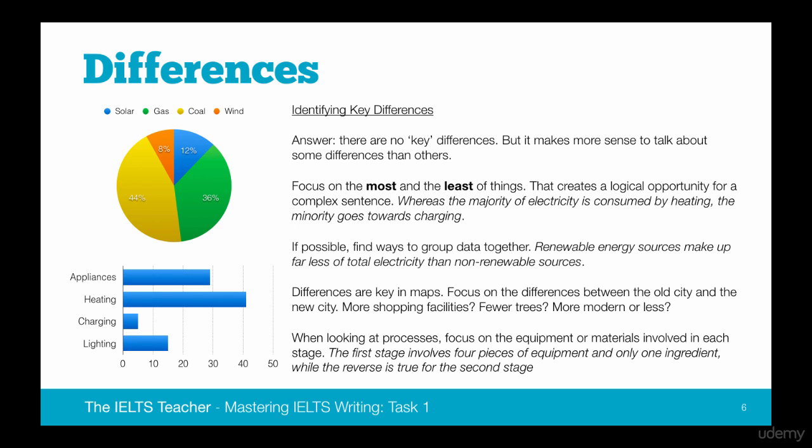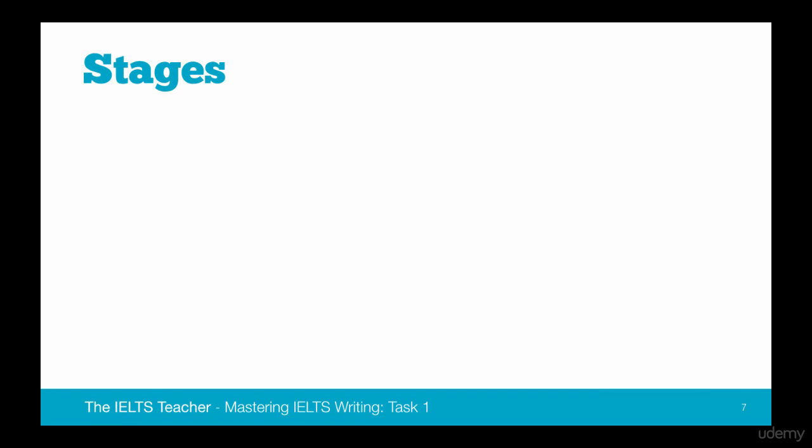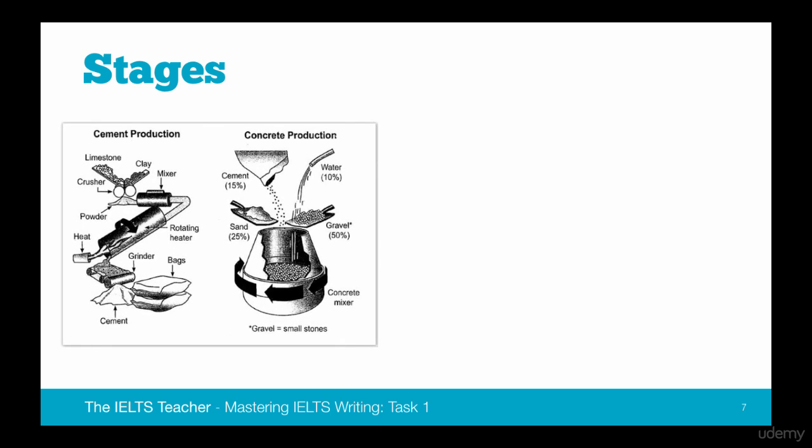The first stage involves 4 pieces of equipment and only 1 ingredient, while the reverse is true for the second stage. Now that example actually relates to this task here, this process. We can look at the differences in the process with the equipment and the number of elements that go into each part. But most of the time, when we're looking at processes, we want to think about stages.